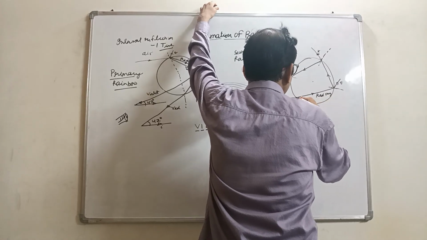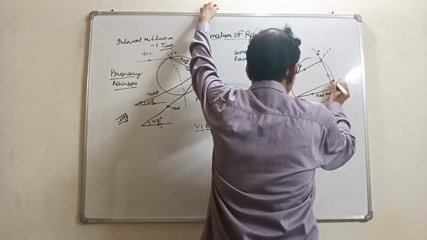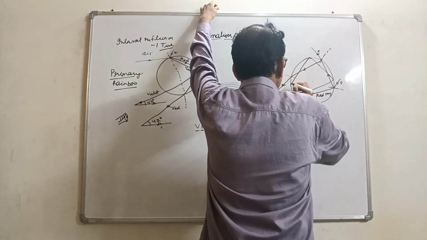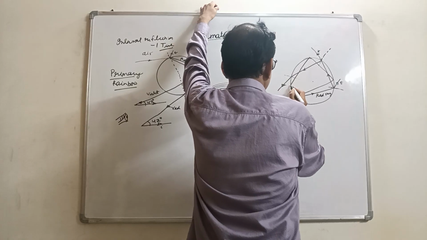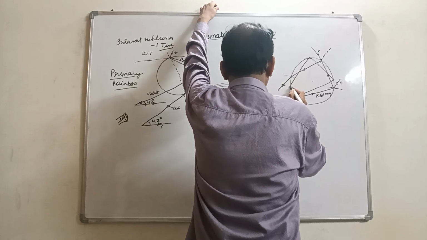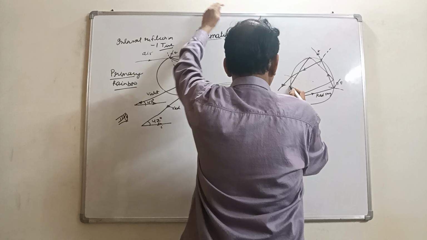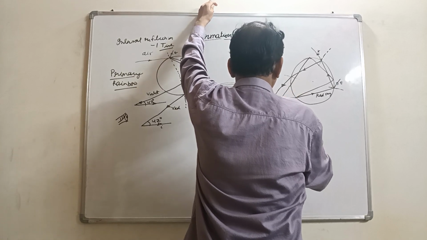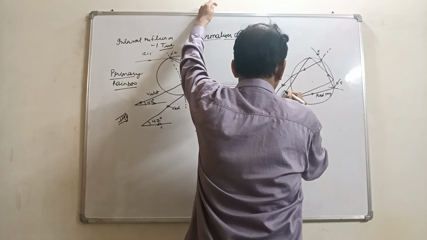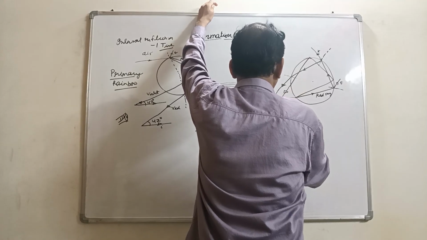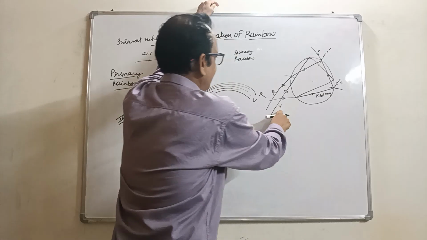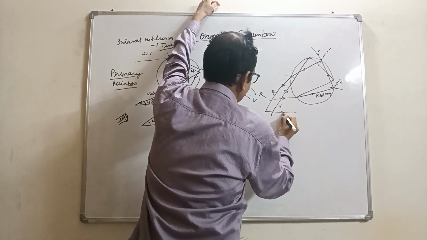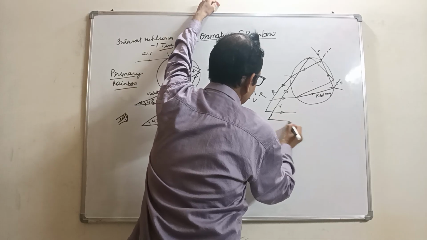For the violet ray the pattern would be like this, and this is violet, this is violet, this is red. So we observe here, this is violet, this is red, this is the violet ray, this is the red ray, and this is the incident ray, this is the incident ray.